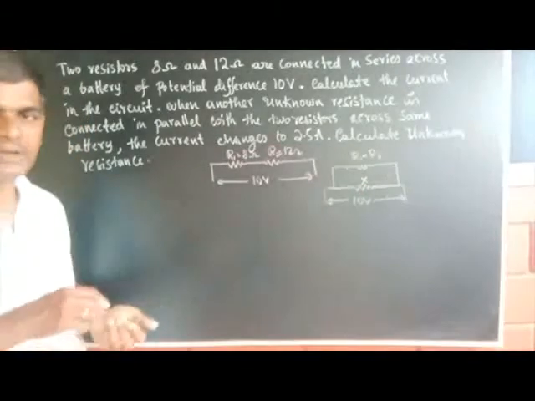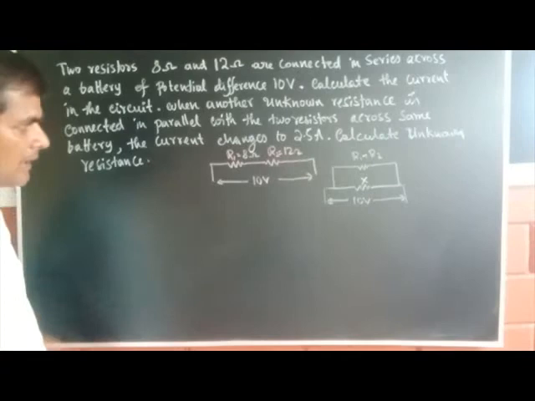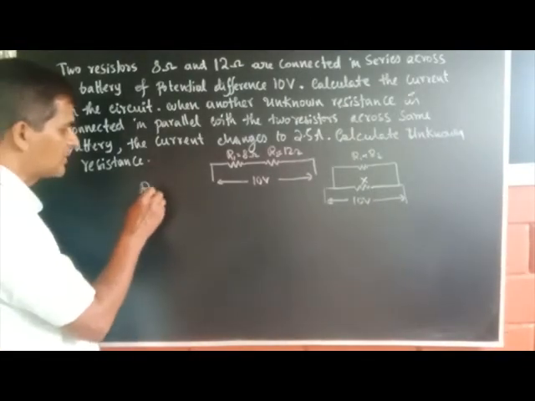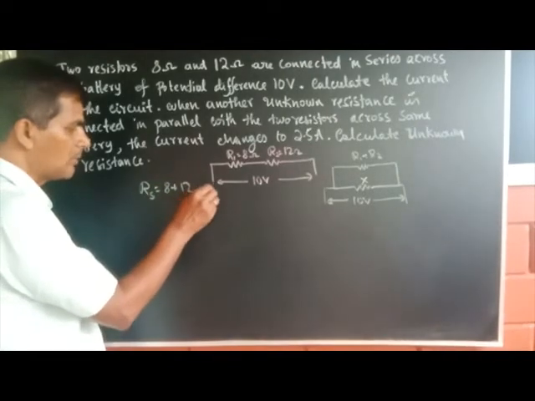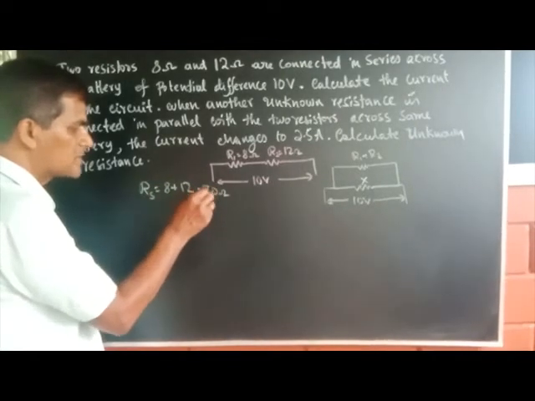First we have to find the total resistance in series. It is 8 plus 12, that is 20 ohm. The total resistance of the combination is 20 ohm.